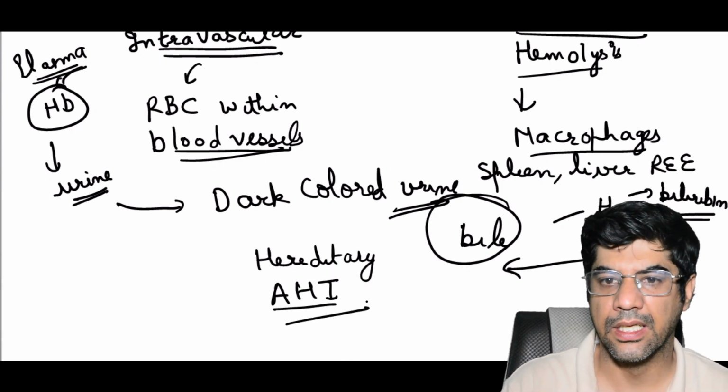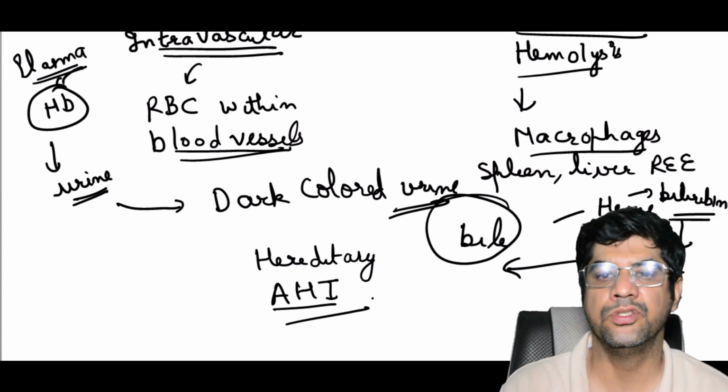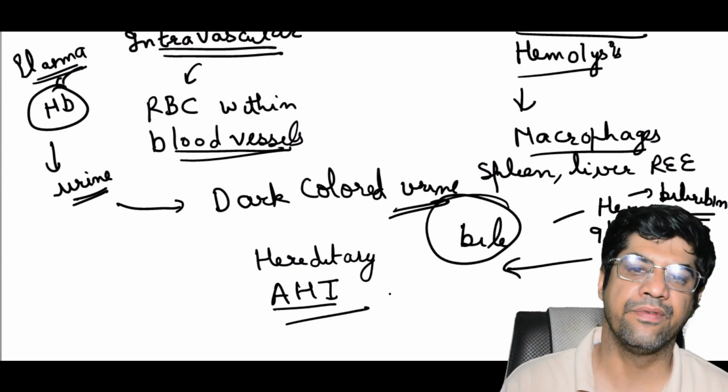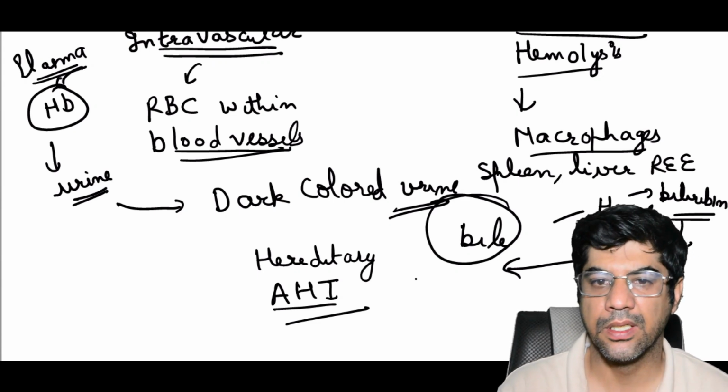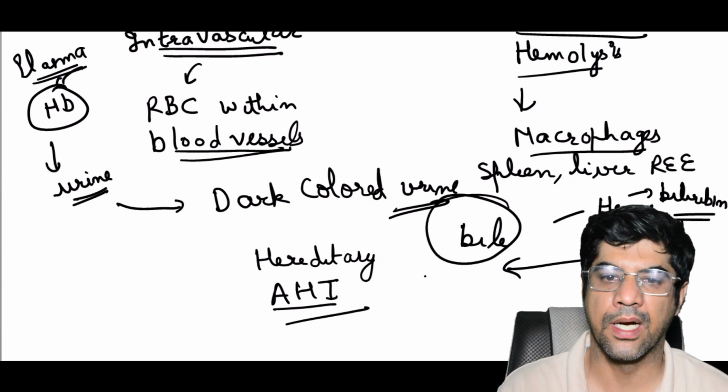Here you would see increased level of unconjugated bilirubin due to breakdown of hemoglobin. Jaundice would appear, spleen enlargement may be there, and increase in the reticulocytes, that is the immature red blood cells in the blood.